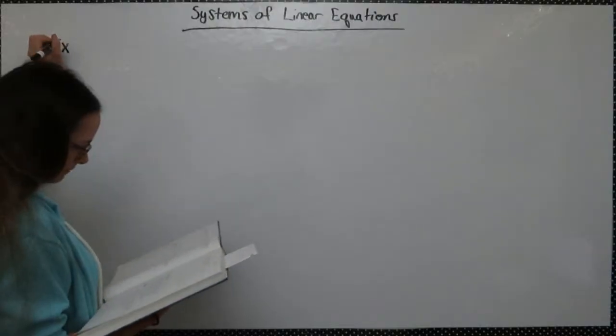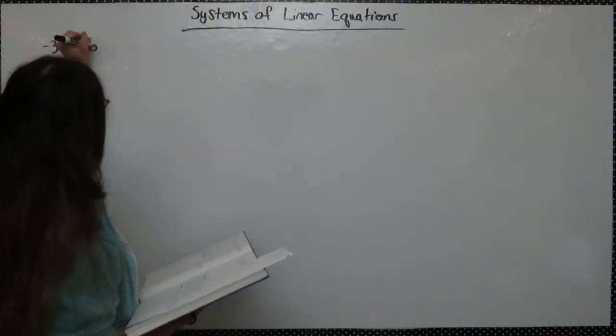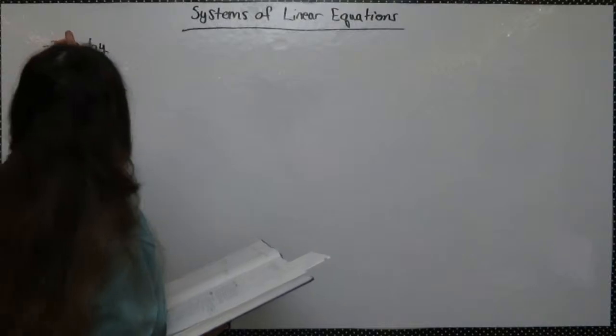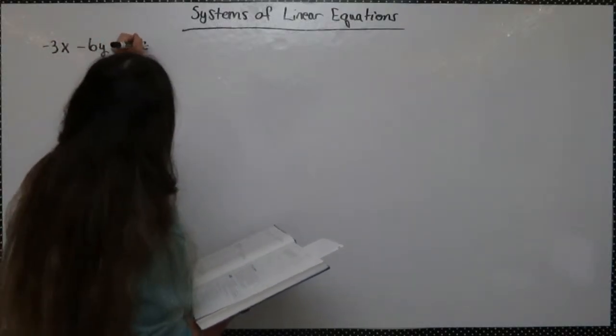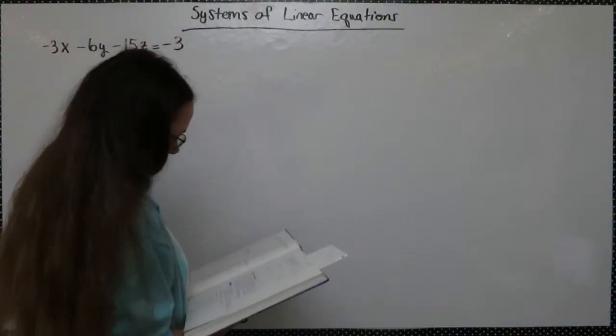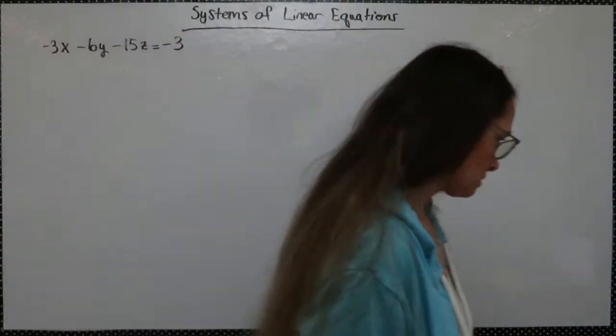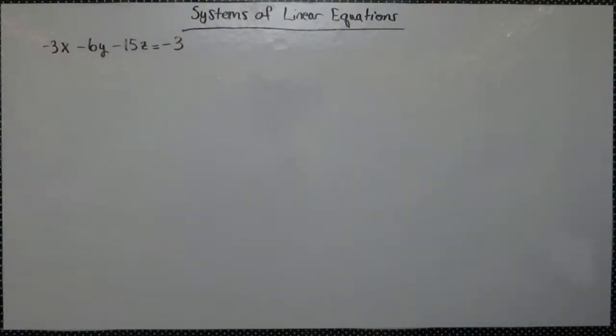-3x minus 6y minus 15z equals -3. Try this again.